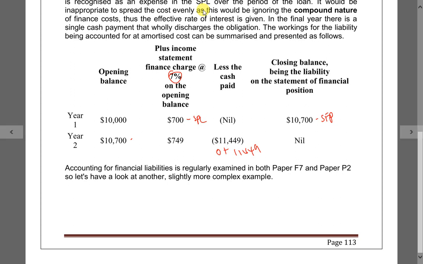Okay. Yeah, second year. So this loan effectively costs me 7%. Done.